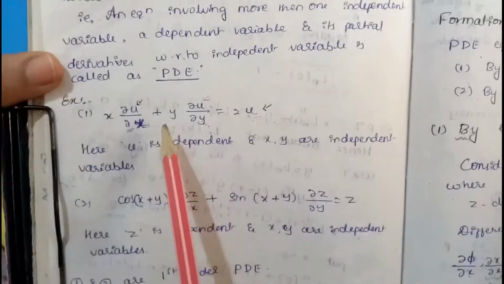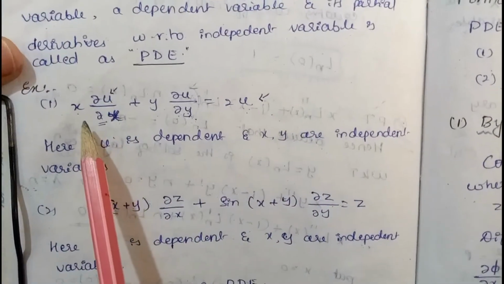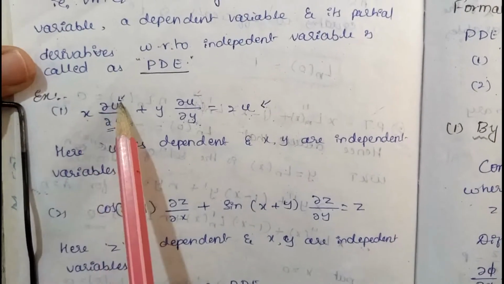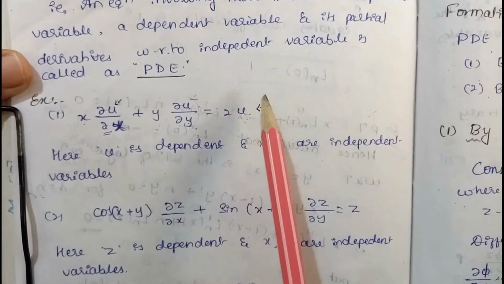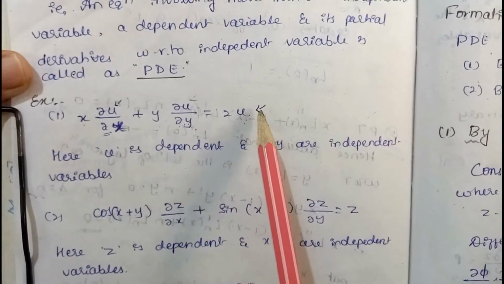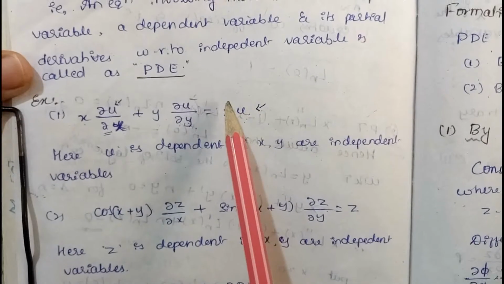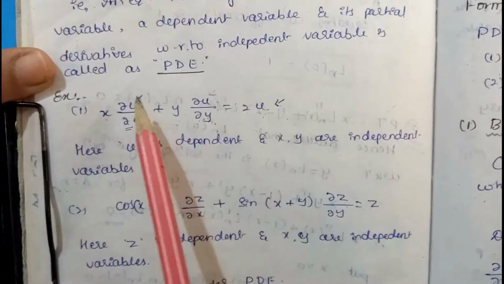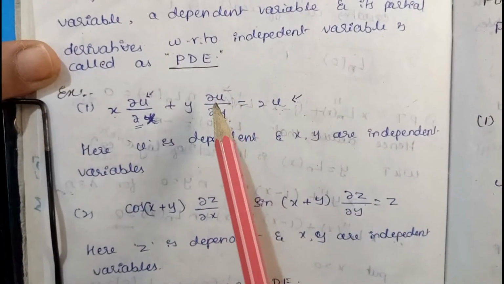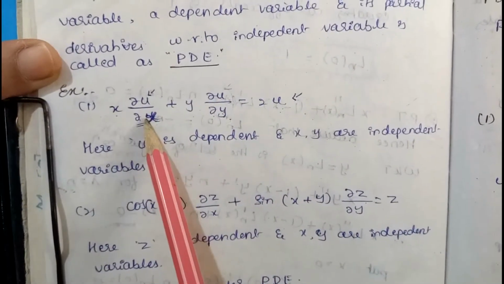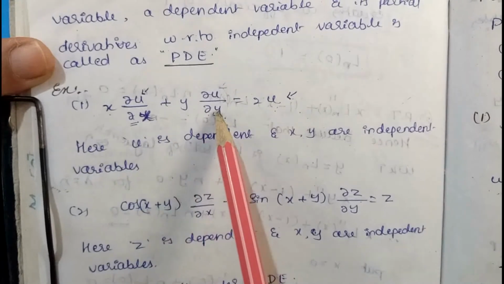See the examples of partial differential equations. The first example is x into dou u by dou x plus y into dou u by dou y is equal to 2u. This is an example of a partial differential equation. Observe whether it is a partial differential equation or not, because what is the main definition? An equation containing partial derivatives with more than one independent variable.